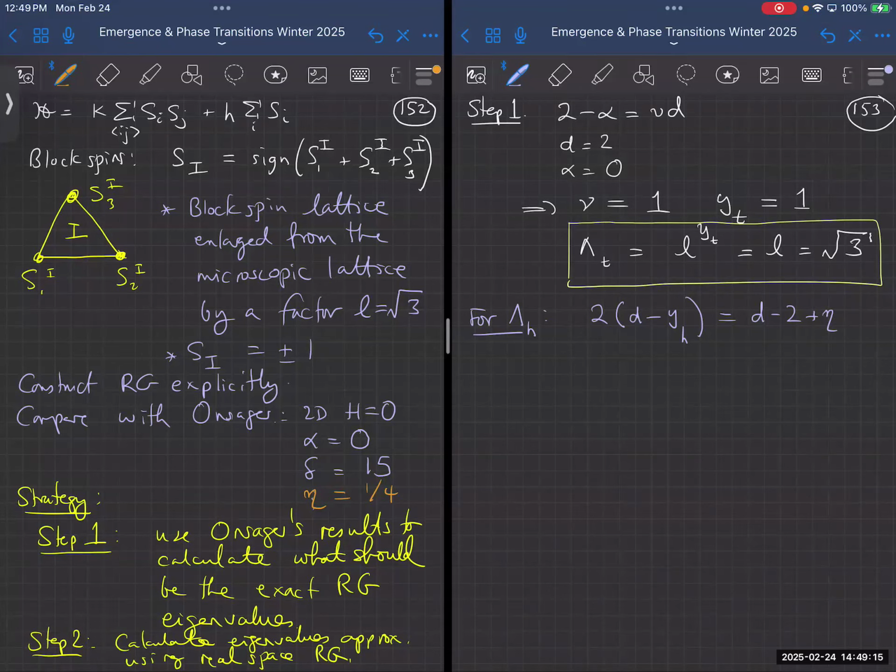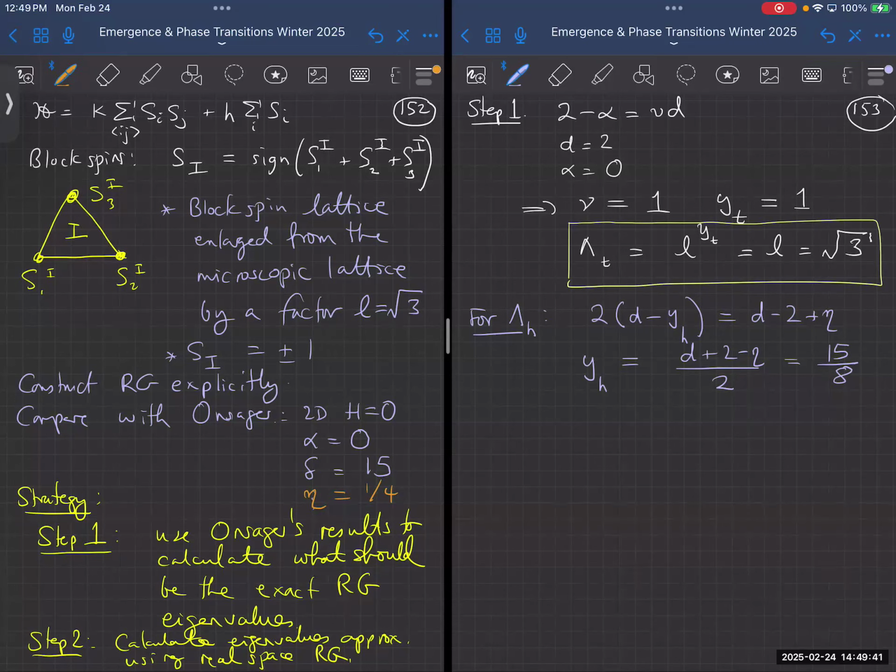So that's the exact result for eta. And so that means that y sub h is equal to (d + 2 - eta)/2, and then that is equal to 15 over 8. So that's from this scaling law, putting in d is equal to 2.